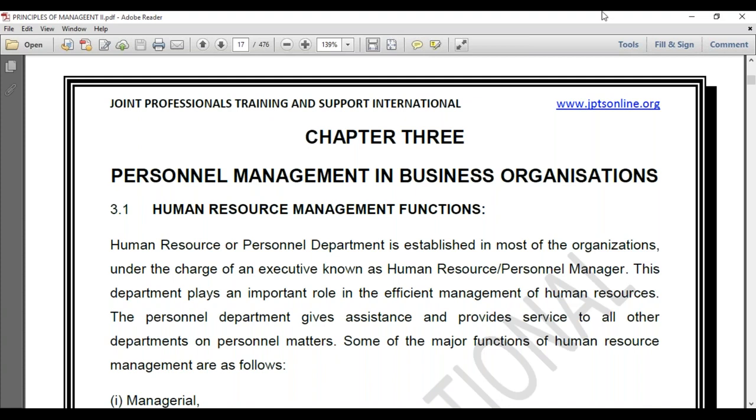In today's class, we are going to look at personnel management in business organization.